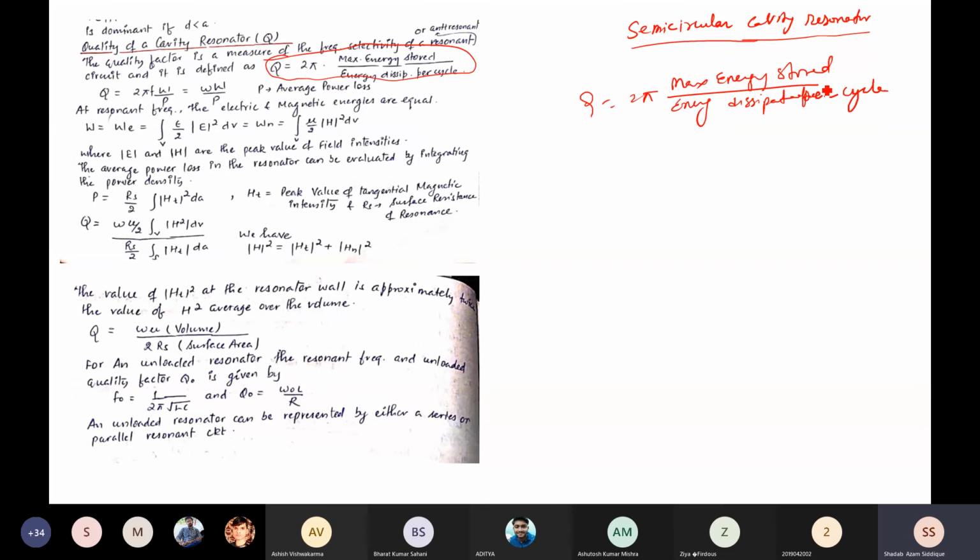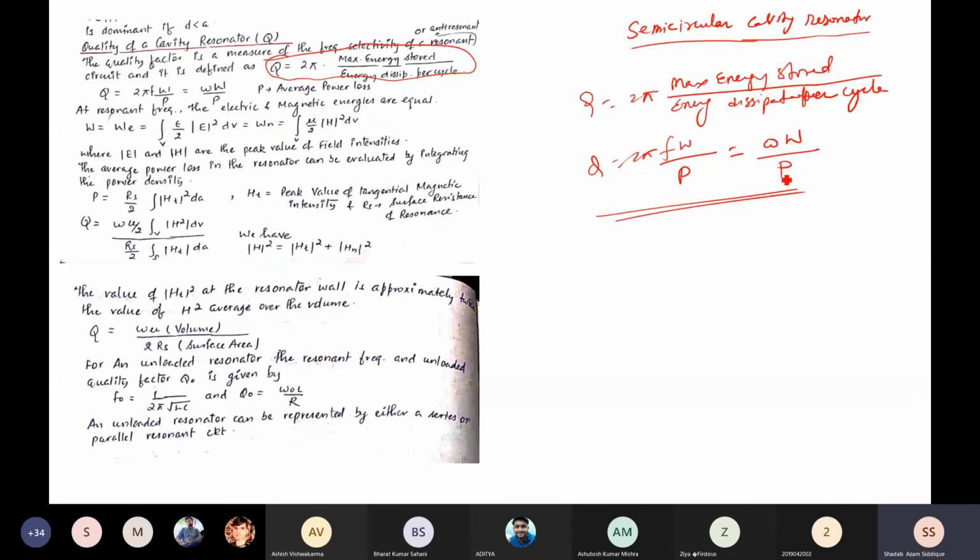So we have Q equal to 2 pi into F into W divided by P, so we got omega into W divided by P. So this is 2 pi into W, and the energy dissipated per cycle is P by F. We got omega into W divided by P. P is equal to the average power loss, and at the resonant frequency the electric and magnetic energies are equal.